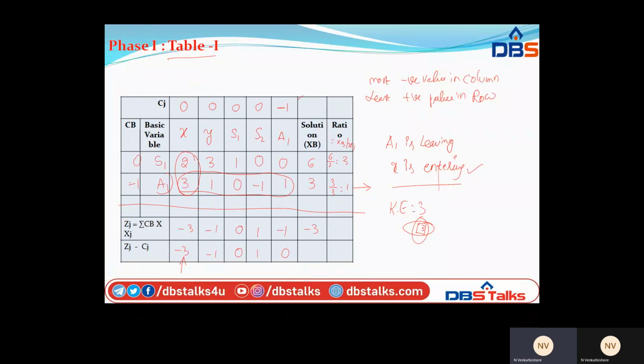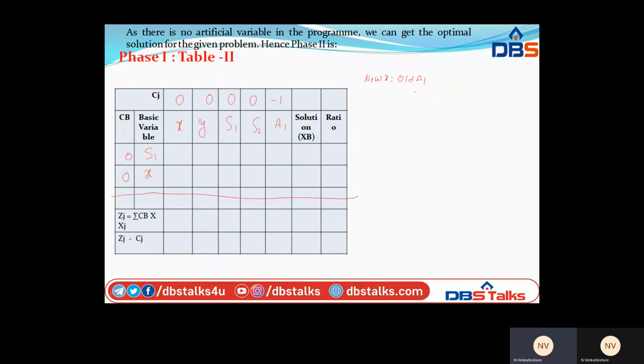So firstly, which row is left out? That row is to be identified first. So old a1 divided by the key element.